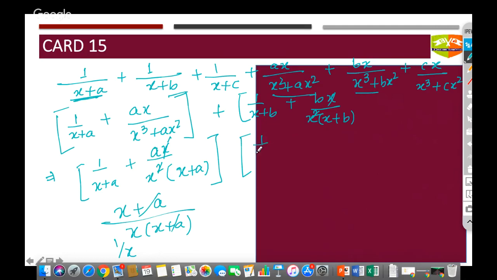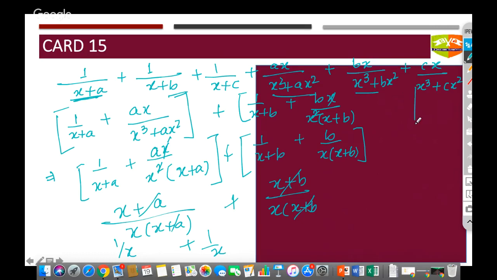So I can write this as x plus b divided by x multiplied by x plus b, x plus b gone. So I can write this also as 1 by x. This also can be written as 1 by x plus c, and cx divided by x cube plus cx square can be written as 1 by x. So this answer would be 3 by x. This is your final answer.